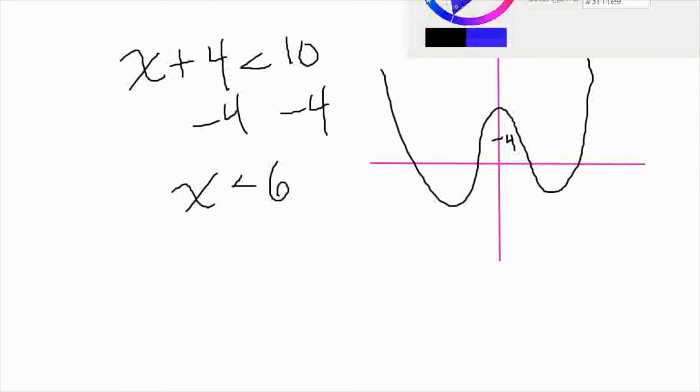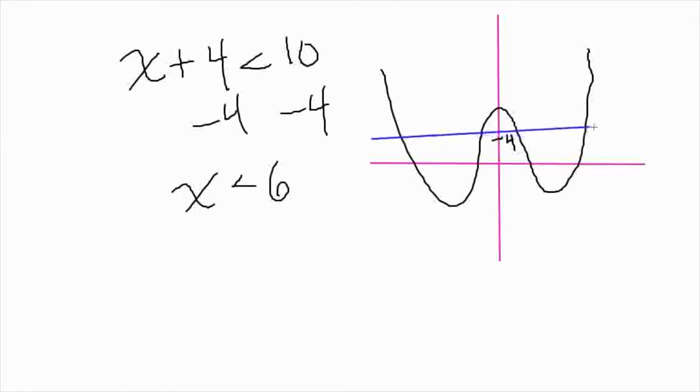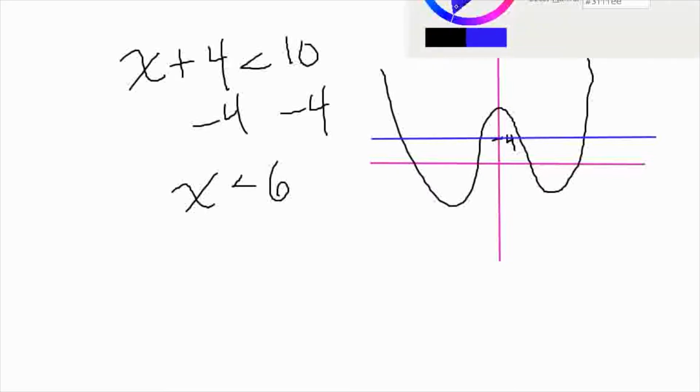You can see it's less than 4 for all values below this blue line. So the part of the domain where the function values are less than 4 is everything between these green dots. That's the range of x values that will have the function value less than 4.